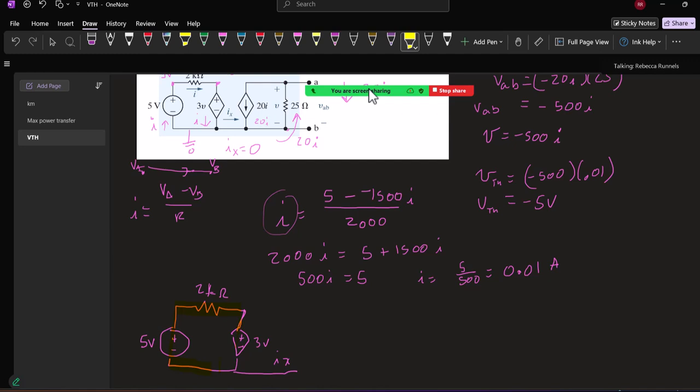And so when I start right here and I travel around, I go through the voltage source, I go through the 2 kilo ohm resistor, I go through this dependent source, I go through all 3 of them. I don't have any choice but to go anywhere else. That means these 3 are all in series, and so they all have to have the same current.